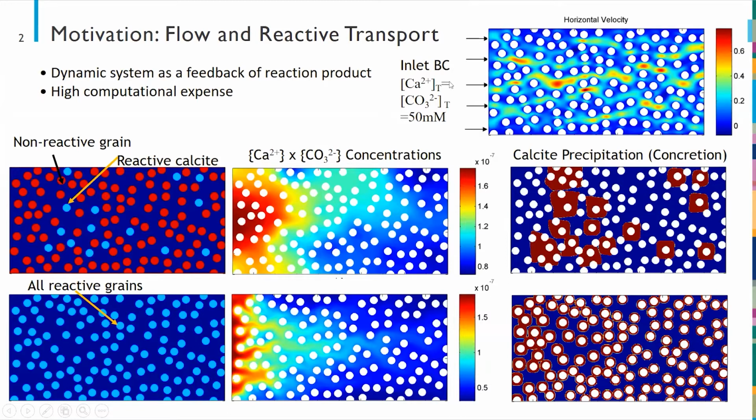In this case, I inject some calcium and carbonate ions, mimicking a carbonate precipitation process. Given different reactive surfaces, represented by different colors here, where some of the grains are reactive and others not, we come up with different products of calcium carbonate ions in solution, and it ends up having different precipitation patterns.